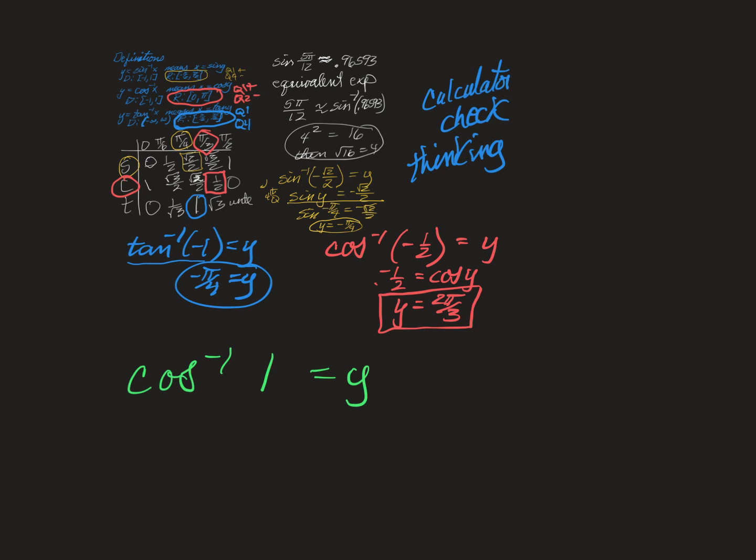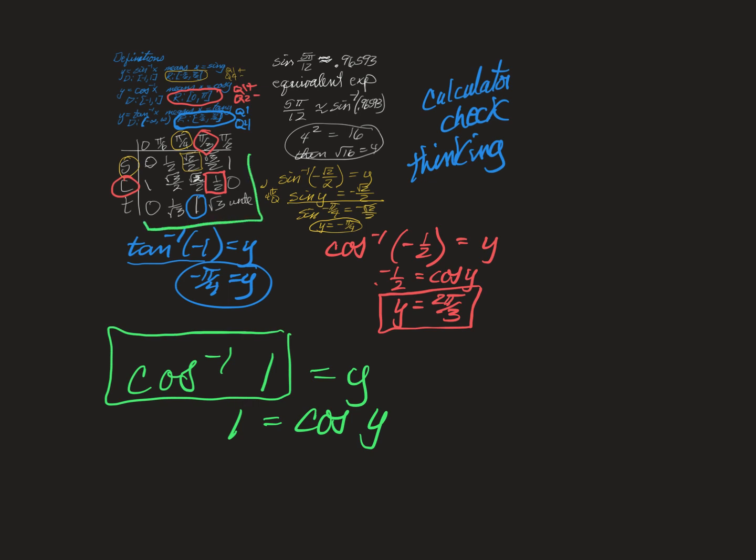Well, just like I thought before, it's the cosine of some angle that will give you a ratio of 1. Now, if it's not a special angle value from the table right here, you could find this just by using a calculator.